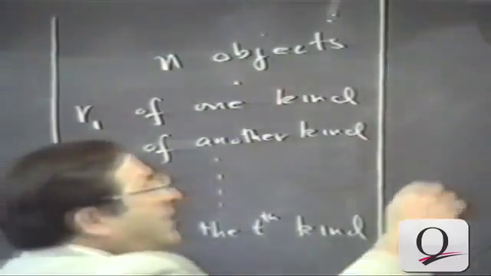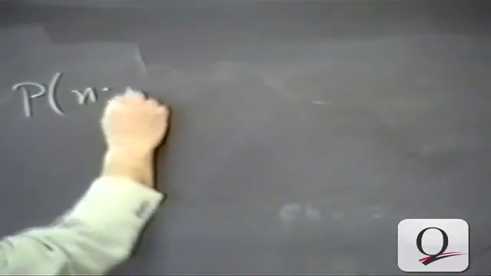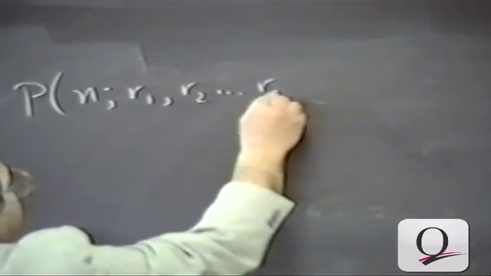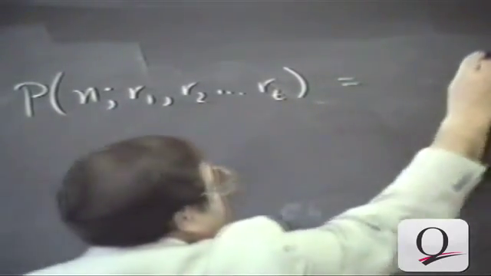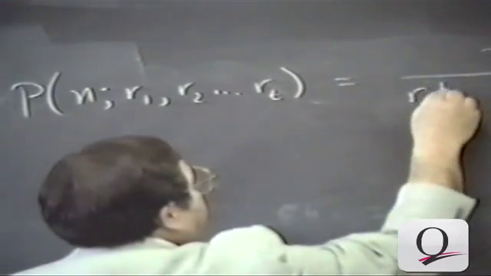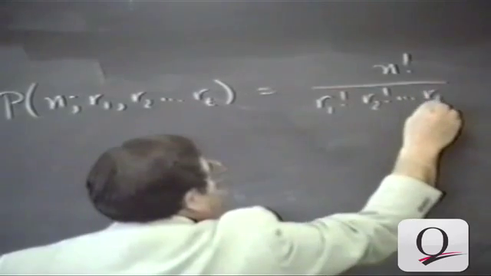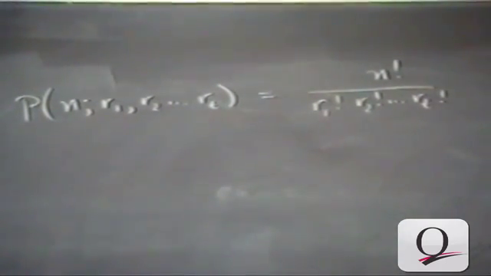The number of permutations of n objects, R1 of one kind, R2 of another, up to Rt of a tth kind, is given by n factorial, and for each of these r's you divide by that r factorial. Okay?